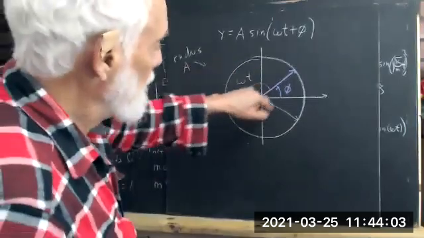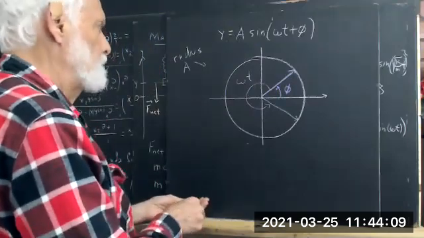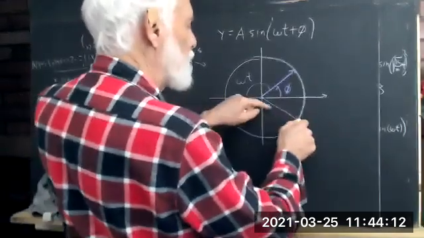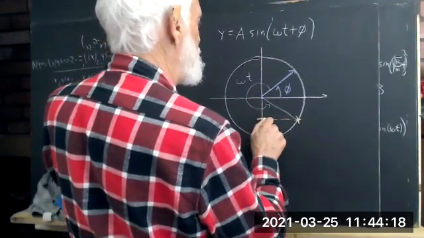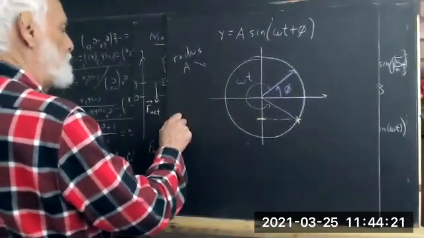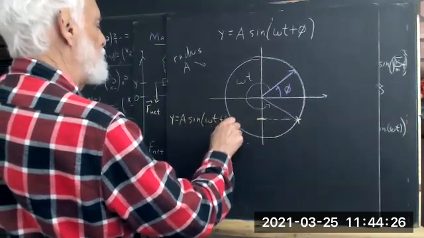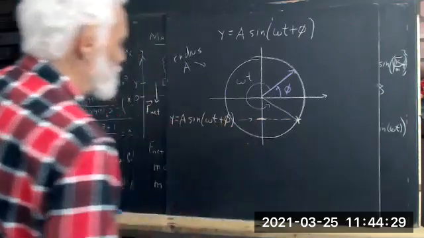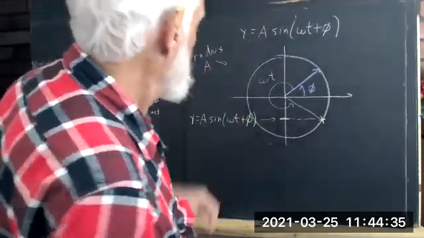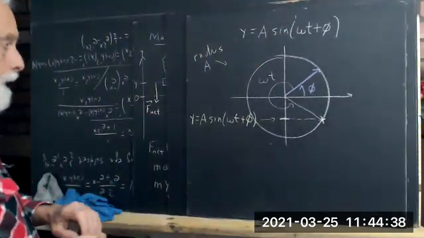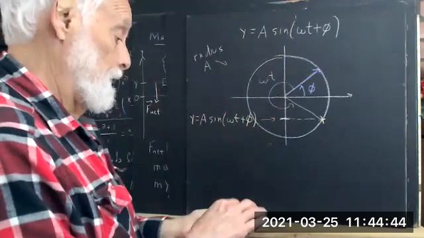And omega t could be any number of revolutions that bring us around to the same position. The y coordinate of this point is y equals A sine of quantity omega t plus phi. And again, as t goes on, omega t increases.